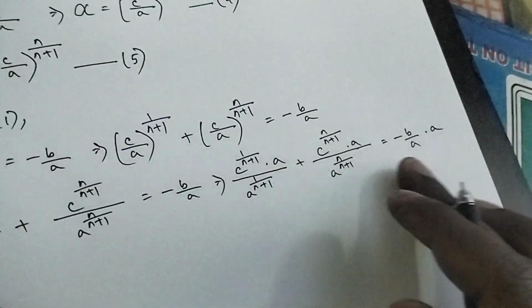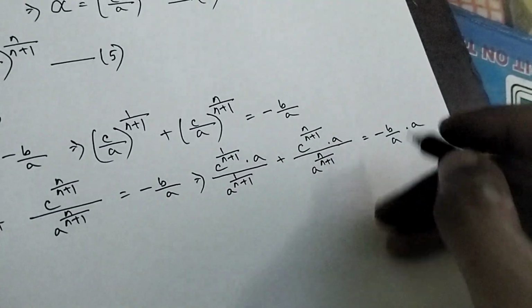I am multiplying both sides by a, so this a will get cancelled.